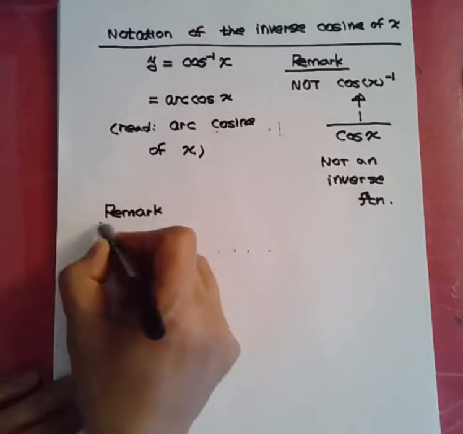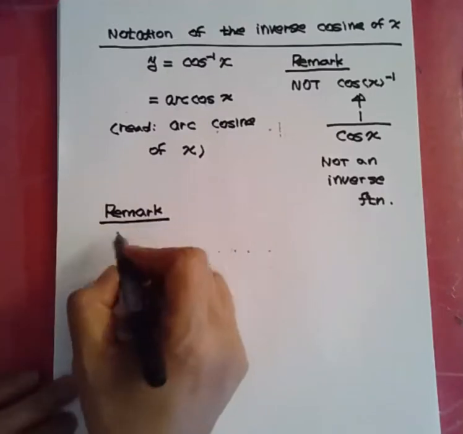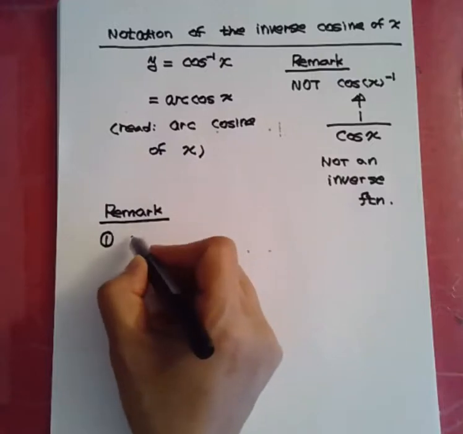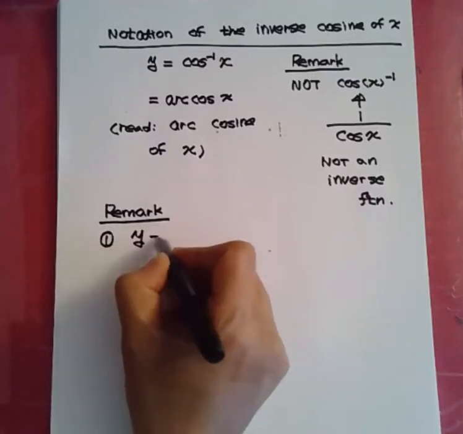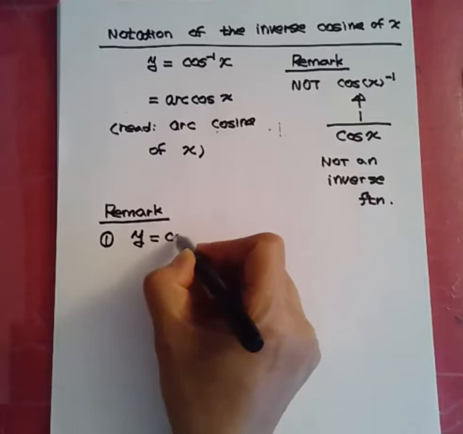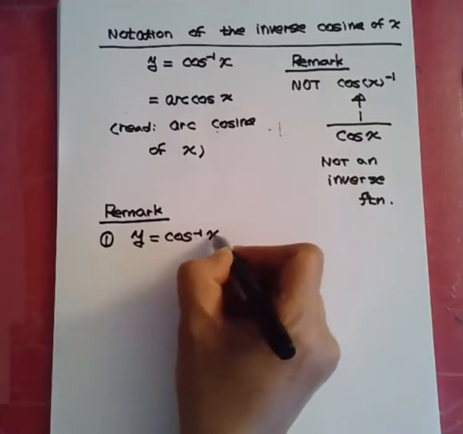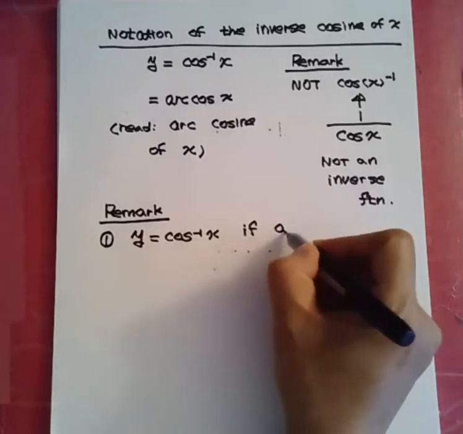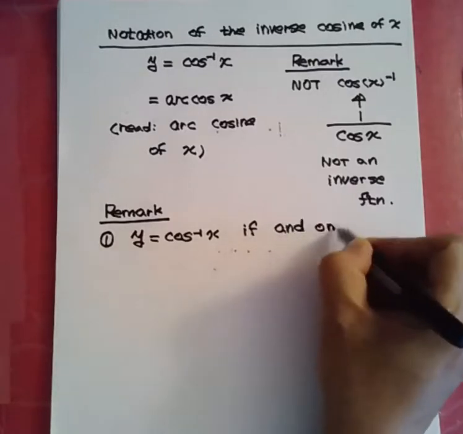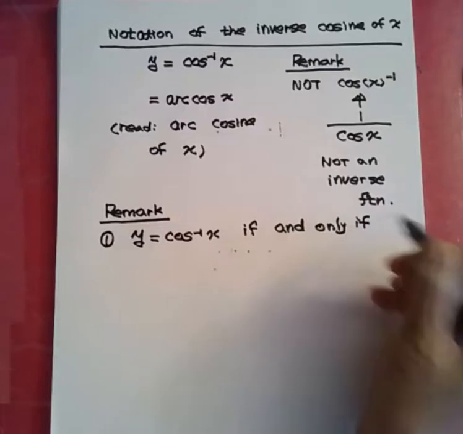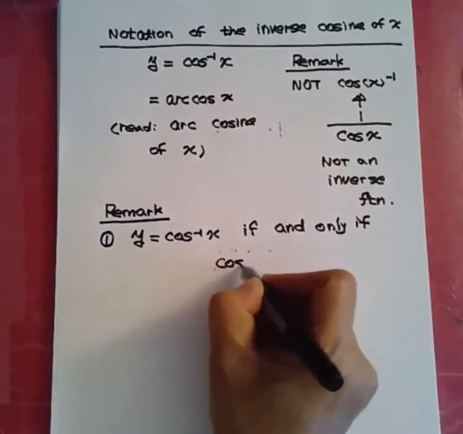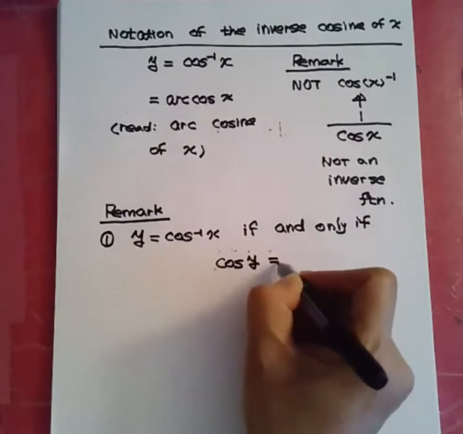The inverse function is obtained by switching x and y in the original function. So y equals cosine inverse of x means cosine of y equals x.